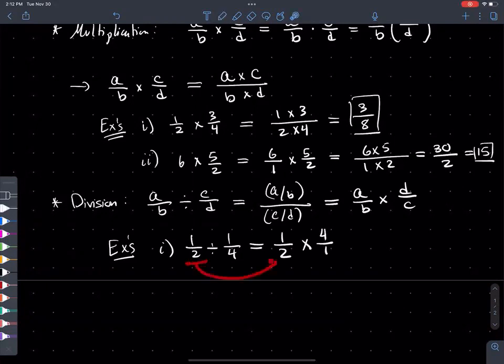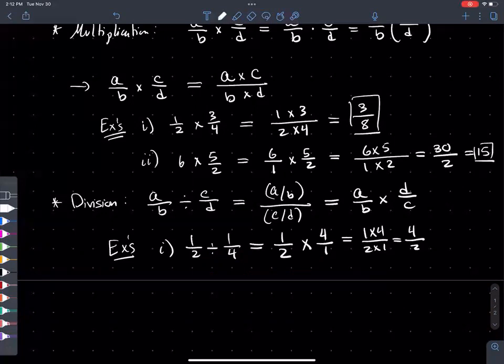So 1 over 2 stays there, division becomes multiplication, and your second fraction you have to flip. We use the rule for multiplication. This will be 1 times 4 over 2 times 1. 1 times 4 is 4, 2 times 1 is 2, and 4 divided by 2, or how many times 2 fits into 4, is just 2.